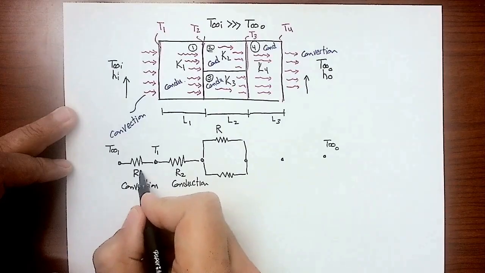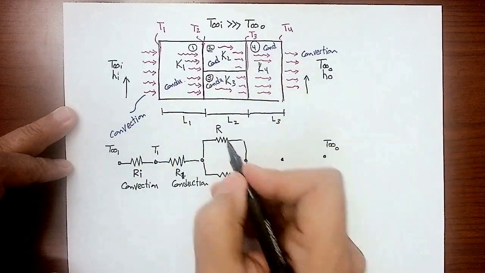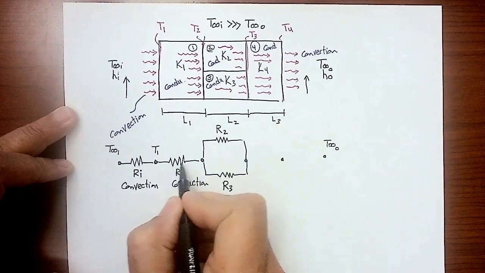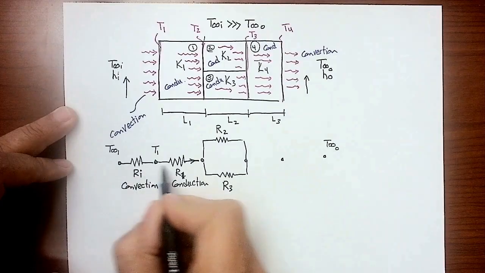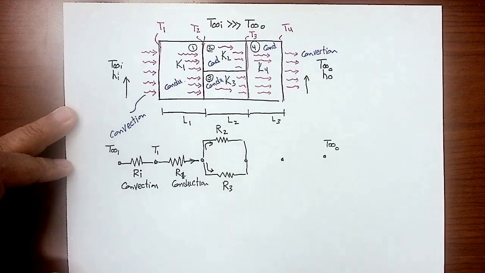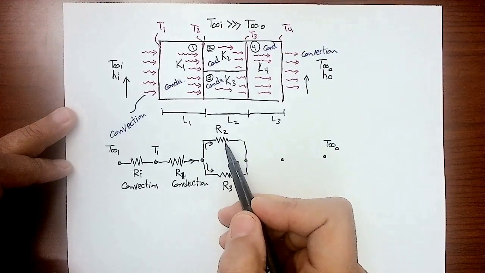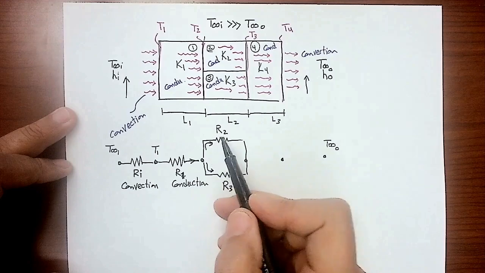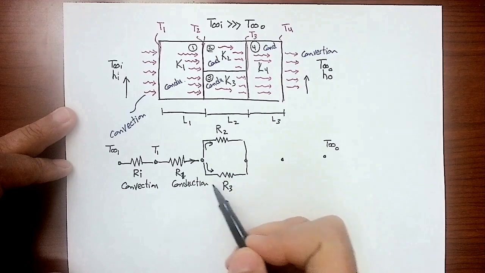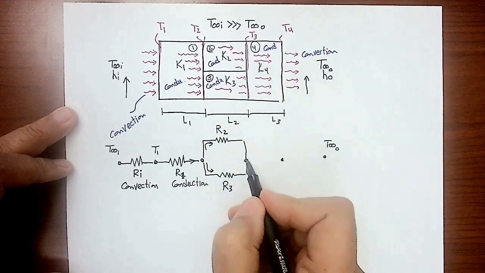Let's call this Ri, and let's call this R1, just to be consistent with the block numbering. That's R2, and I'm going to call that R3. The total energy is going to break down into two parts. One part will go up through the resistance R2, and the lower the resistance, the more energy you're going to get through it. The second part will go down there. Then both energies will meet again at this point here.